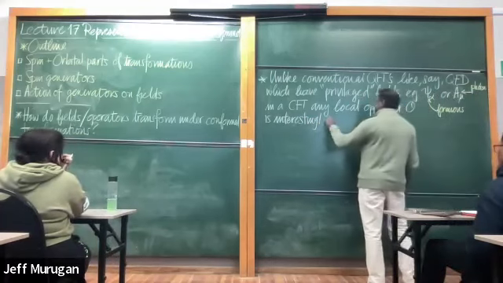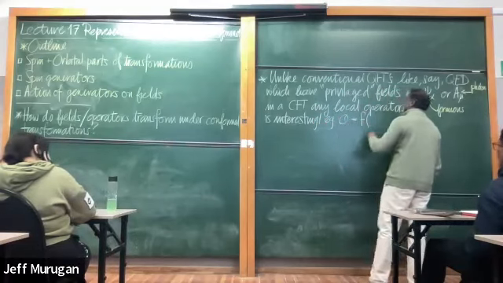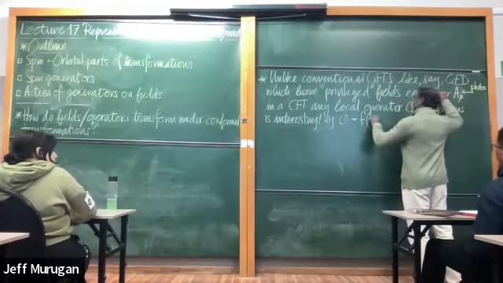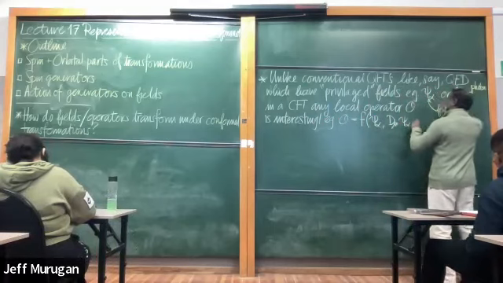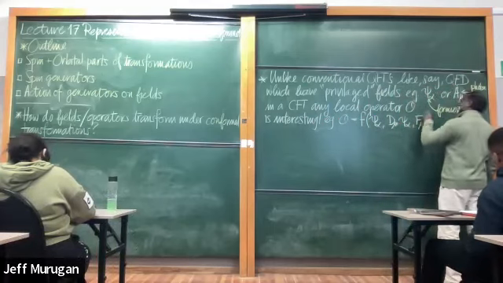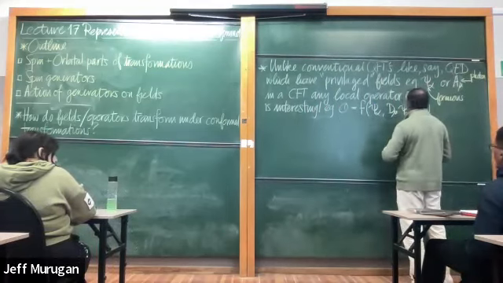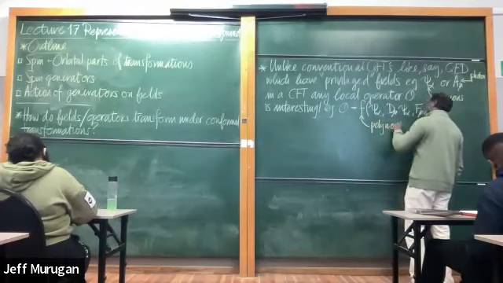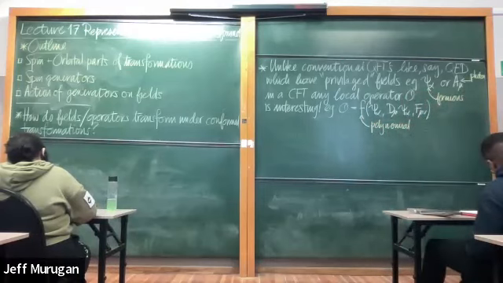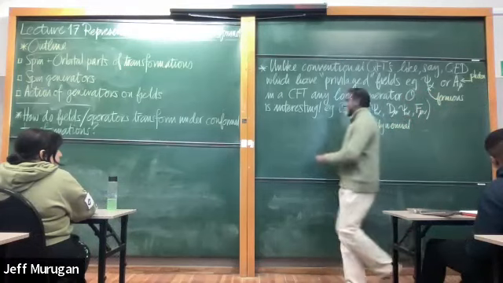For example, O would be some function of psi alpha, derivative of psi alpha, or even F mu nu. That should be some polynomial in these fields. And there will be no trivial information contained in this object. Okay. So this is just an aside point to make about CFTs.